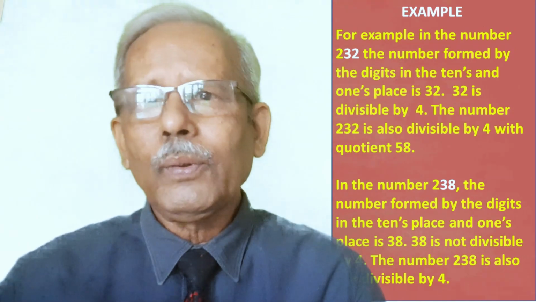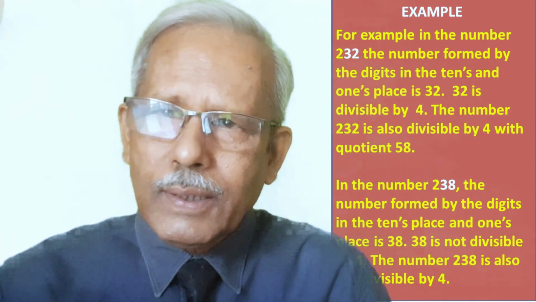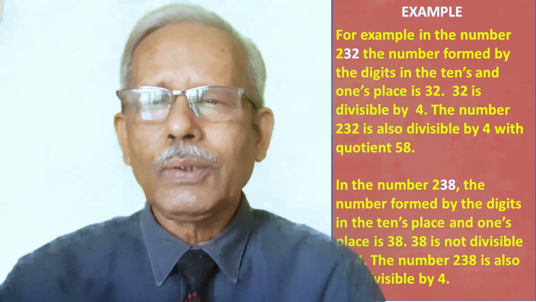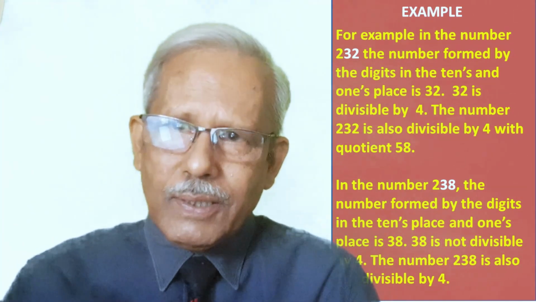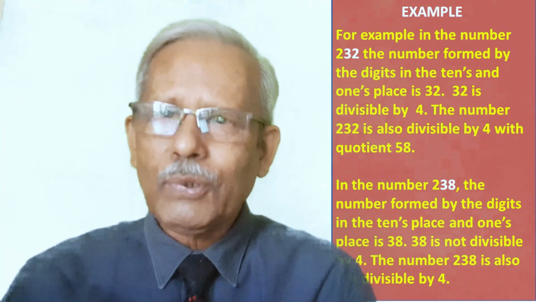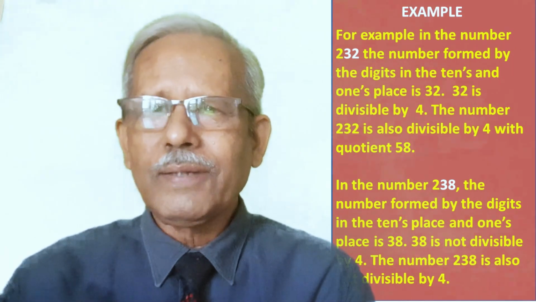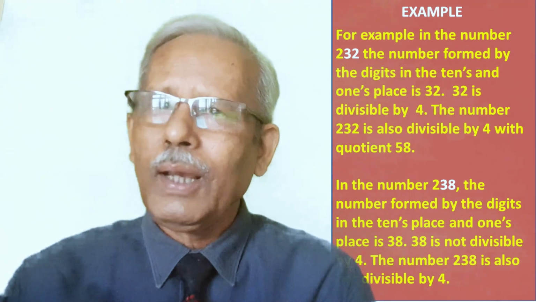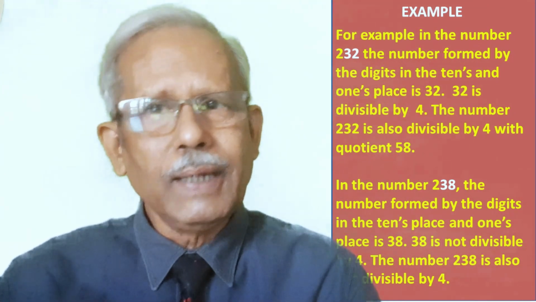This 32 is divisible by 4. If this 32 is divisible by 4, the number should also be divisible by 4. So you can find out that 32 is divisible by 4, the number is also divisible by 4, and the quotient is 58.